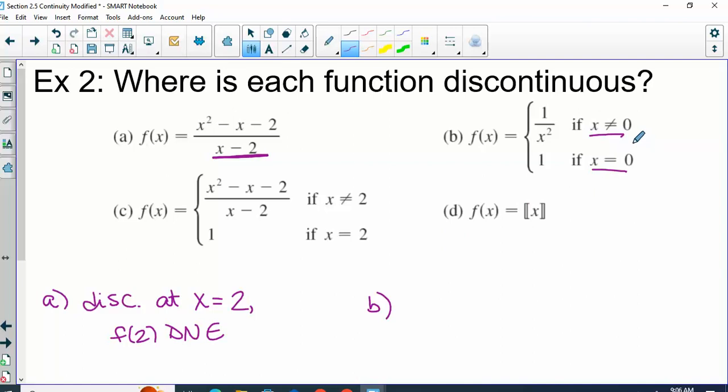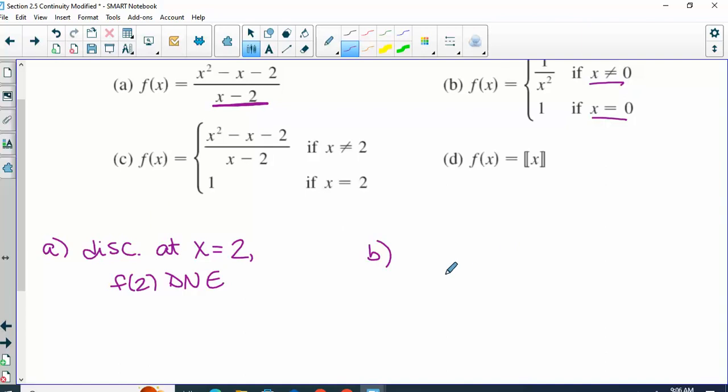To figure it out, you could either draw a graph, so 1 over x squared: 1 over 1 squared is 1, put in 2, you get 1/4, put in 1/2, you would get 4. You get the same thing with the negatives. Could use your calculator to double check that graph.